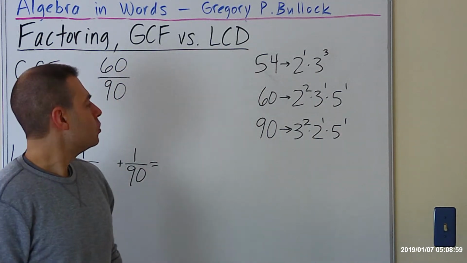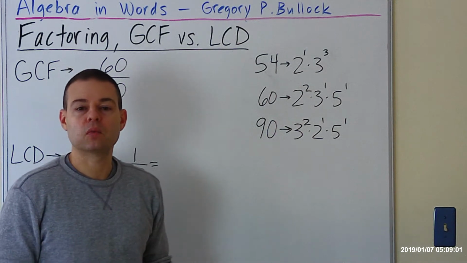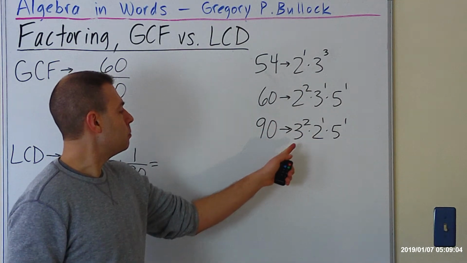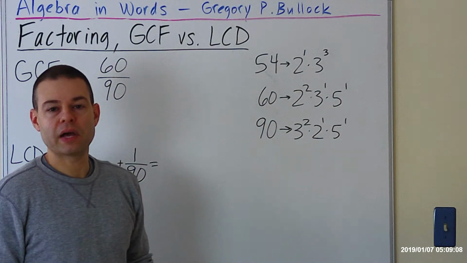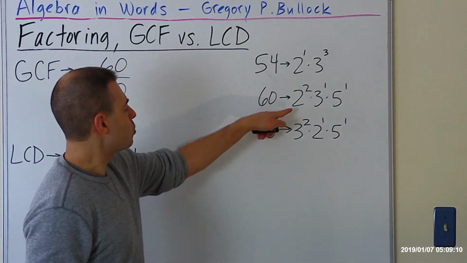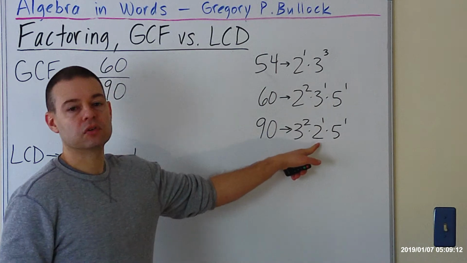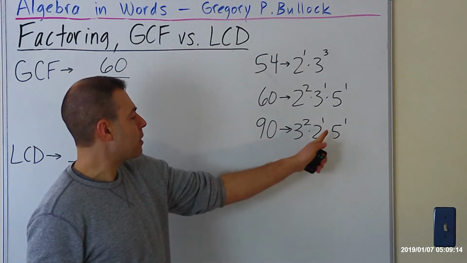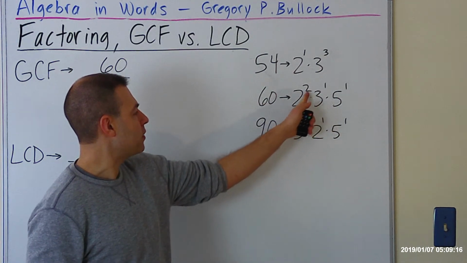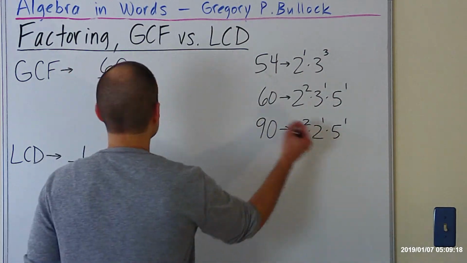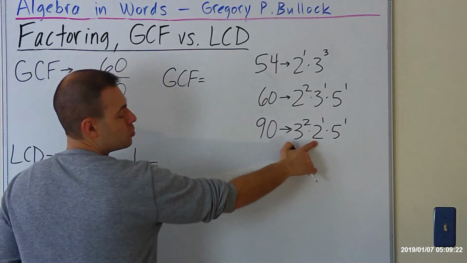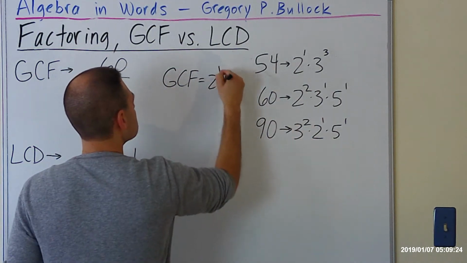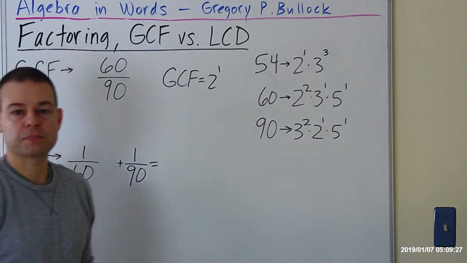Basically, you can only take a common factor when the base is in both, and you're going to take the lowest of the 2 exponents. So in this one we have 2, and in this one we have 2. Well, compare their exponents. The 1 is smaller than the exponent 2, so therefore we're going to take the 2 to the 1 because it's the smaller exponent.